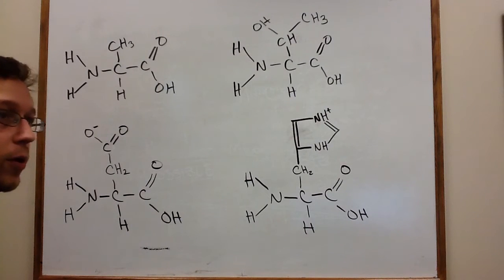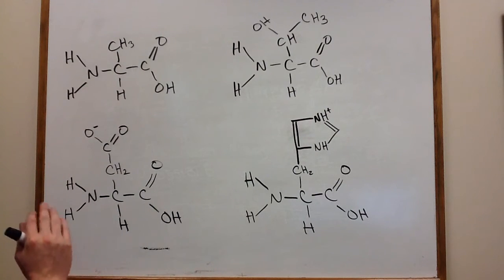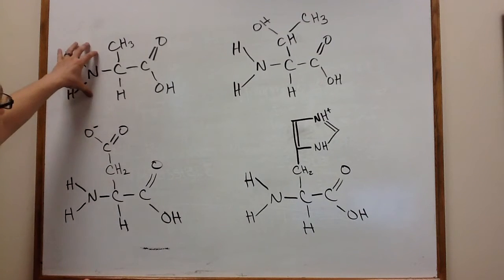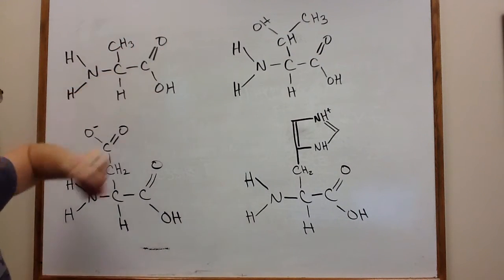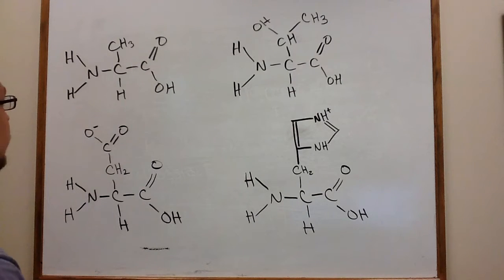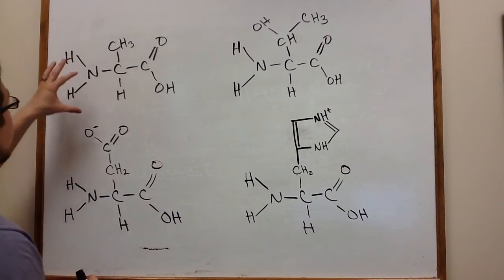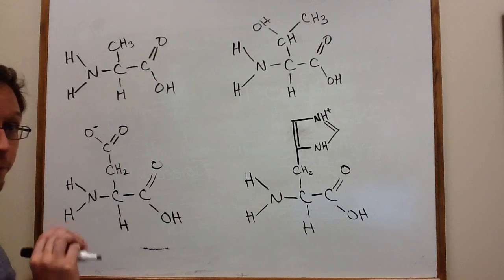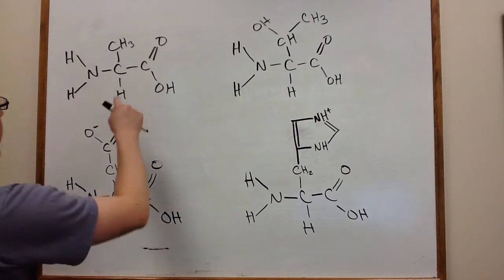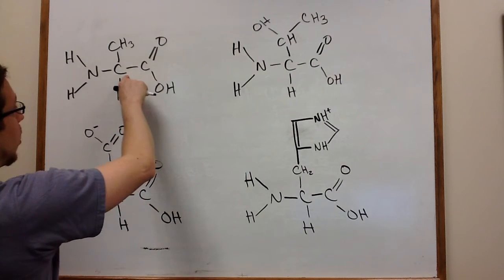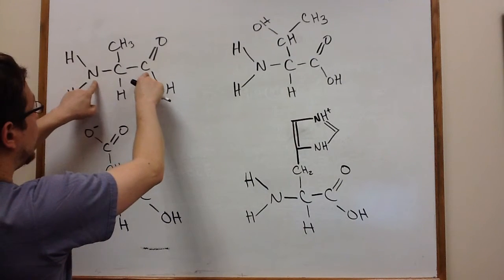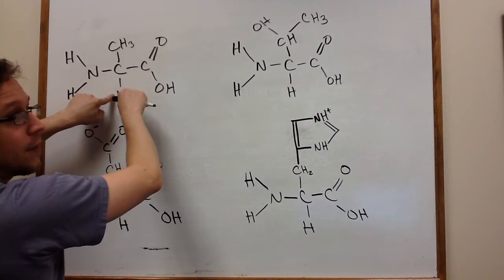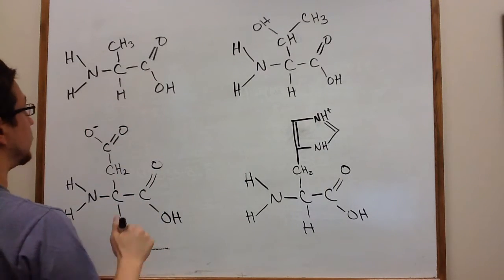So whenever you approach an amino acid, understand that some of these may not be in this form, as you'll see in your book, the amino and carboxyl groups are in their ionized forms. You have to keep that in mind. But when you approach an amino acid, the first thing I'd always like you to do is find your asymmetrical carbon, so it's going to be sandwiched between a carbon and a nitrogen, and it's going to have a hydrogen on one side.